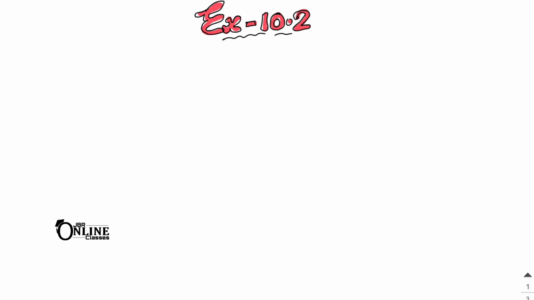So hello everyone, now in this video I'm going to start exercise 10.2 from your book ML Aggarwal. So here the first problem, number 1: find the product of 4x cube into minus 3xy. First you have to write down the sign of your final result.